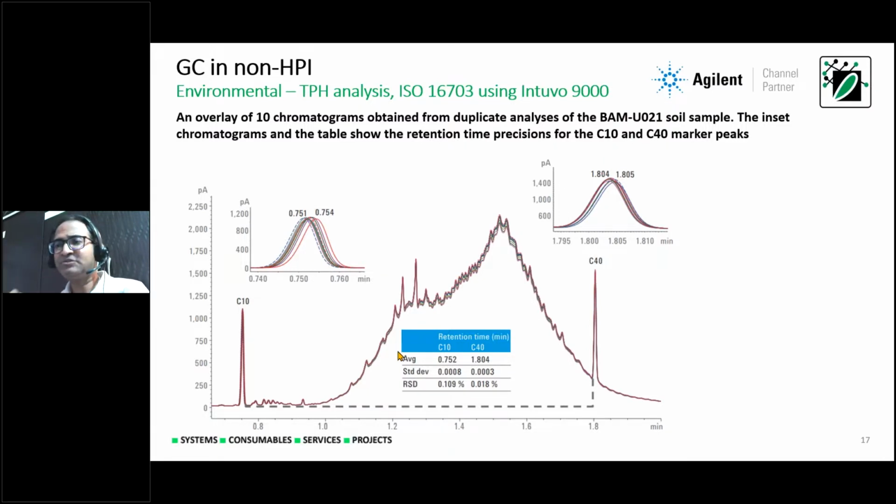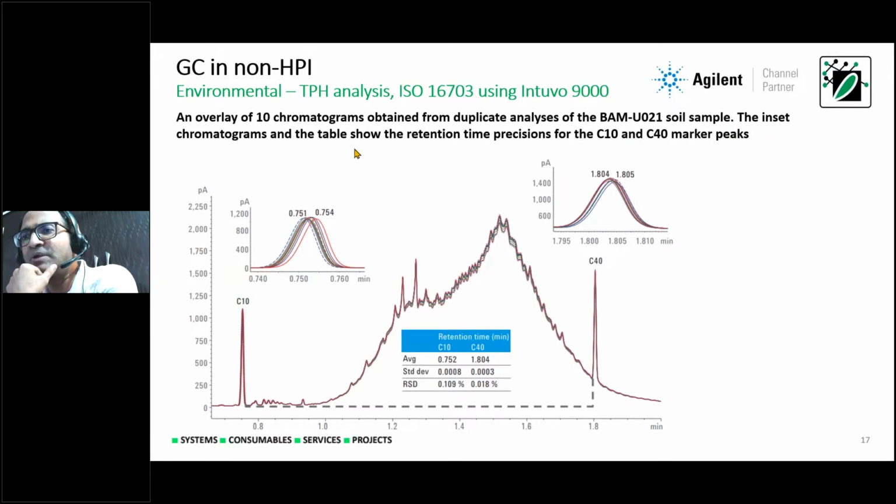So the analysis of TPH, which otherwise takes quite a bit of time, if you are using the Induvo GC, you will be able to run that analysis in less than 2 minutes, and you see the repeatability quality of the analysis. What you see here is an overlap of 10 chromatograms obtained from duplicate analysis of a soil sample.